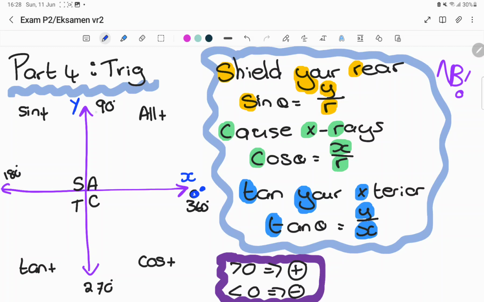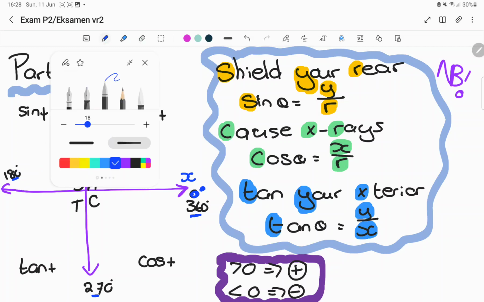So it will be 0 degrees, 90 degrees, 180 degrees, 270 and 360. So if I tell you that an angle theta or x lies in between 90 and 180 degrees, it means it starts from 90, which is a point here, all the way to point 180. Alright, that is what it means.